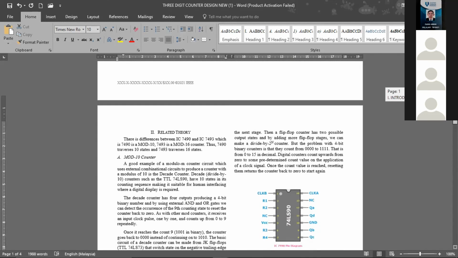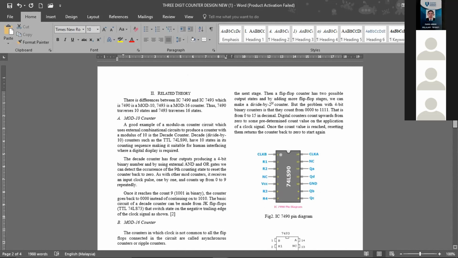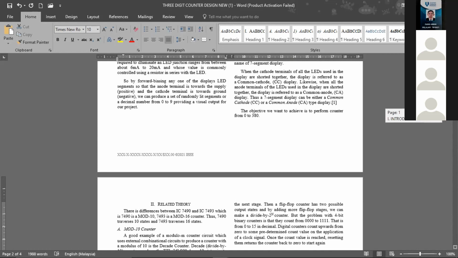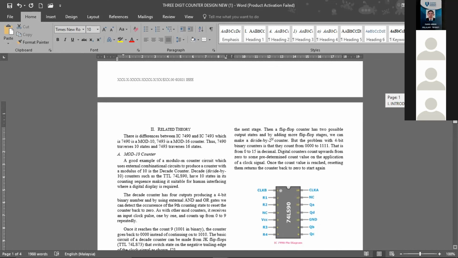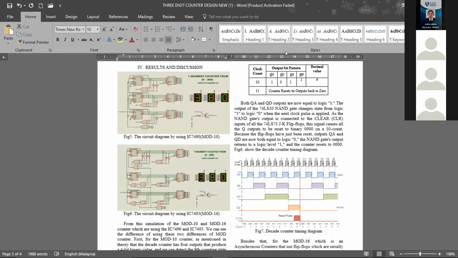So I think Anissa can explain the main purpose of our project, Faris will explain the types of IC and components that we use in the project, and Zakwan will explain the simulation.